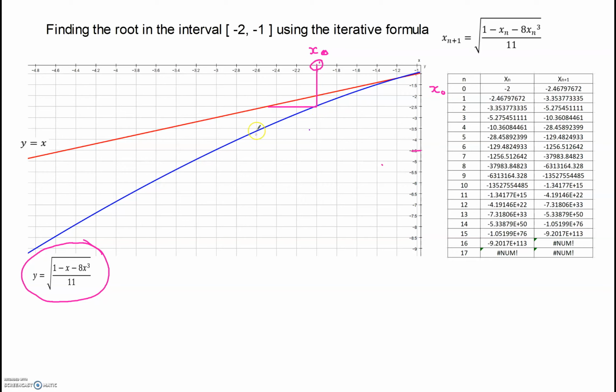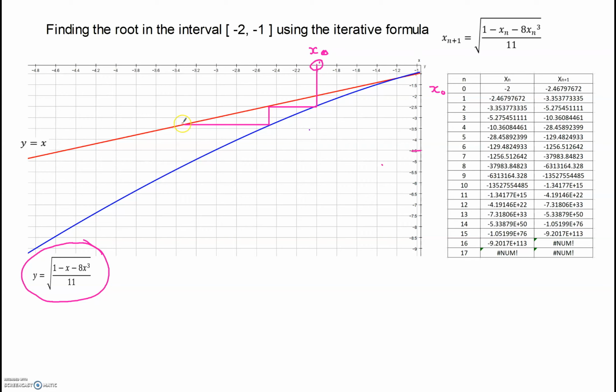We need to go across to our y equals x line, and we're going to keep using that iterative process of going from our y equals x line to our y equals the square root of 1 minus x minus 8x cubed all over 11 square rooted.